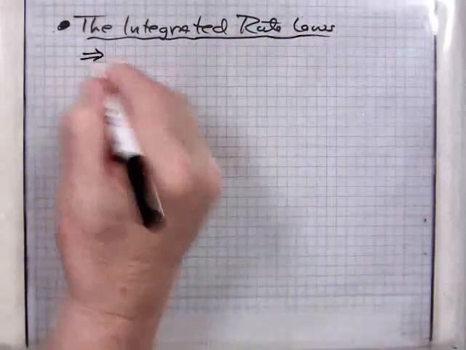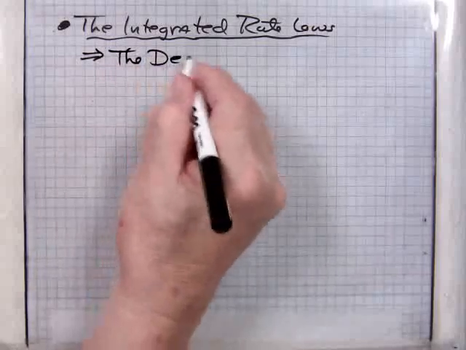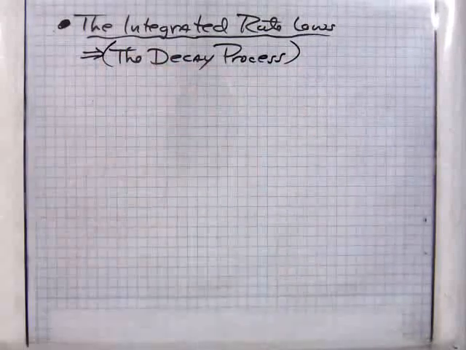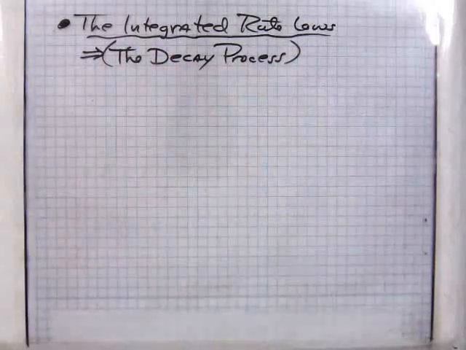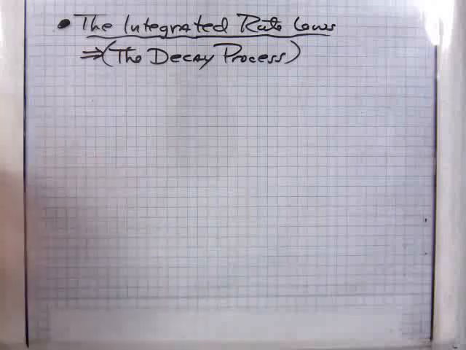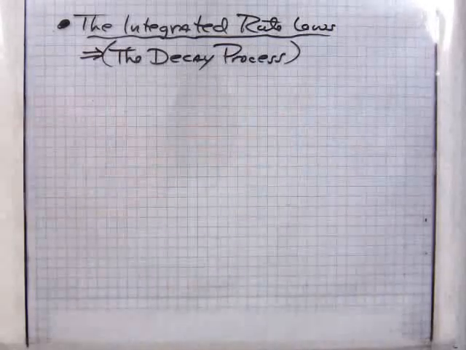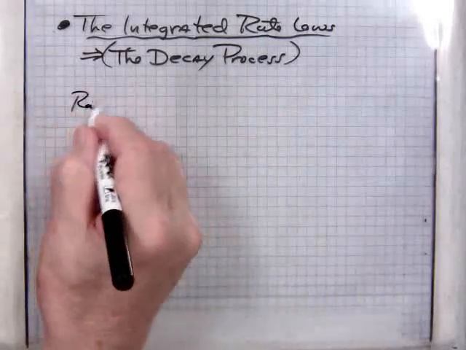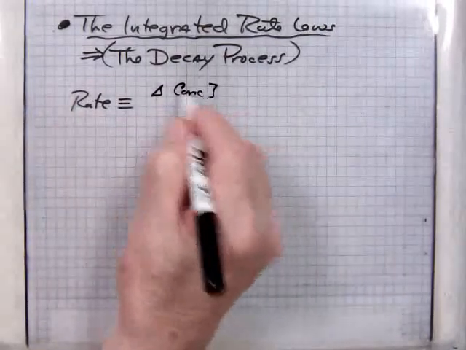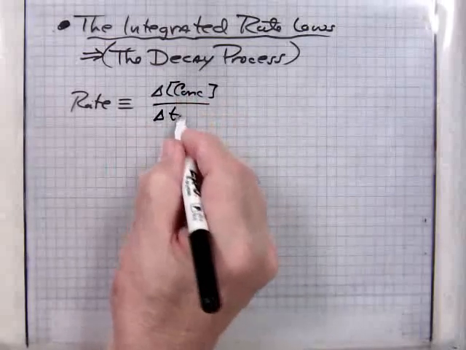Those are essentially the decay process. So in essence, what we're ultimately looking at here, let me see if I can give you a good example. In the integrated rate laws, we have rate, by definition, as a change in concentration over change in time.